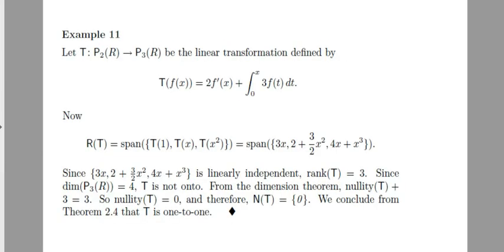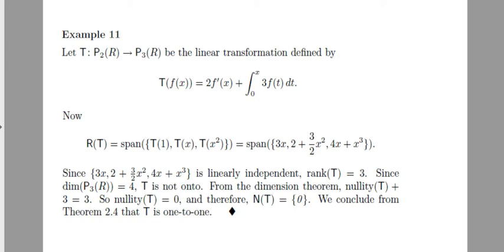Let us see this example. We have a map T from P2(R) to P3(R), a linear transformation defined by T(f(x)) equal to 2 times f'(x) plus the integral from 0 to x of 3 times f(t) dt. So the range space of T is the span of T(1), T(x), T(x square). Calculate these three elements: put f(x) equal to 1, f(x) equal to x and f(x) equal to x square.